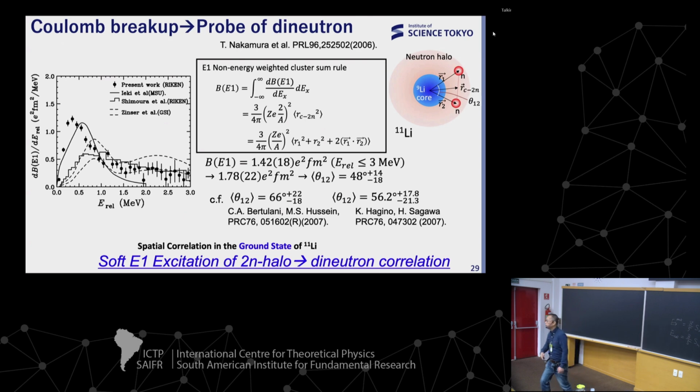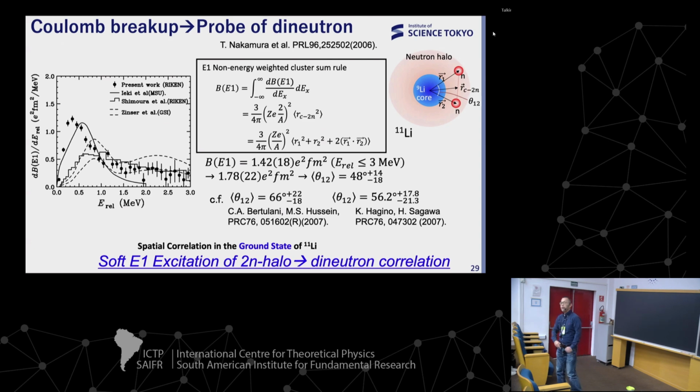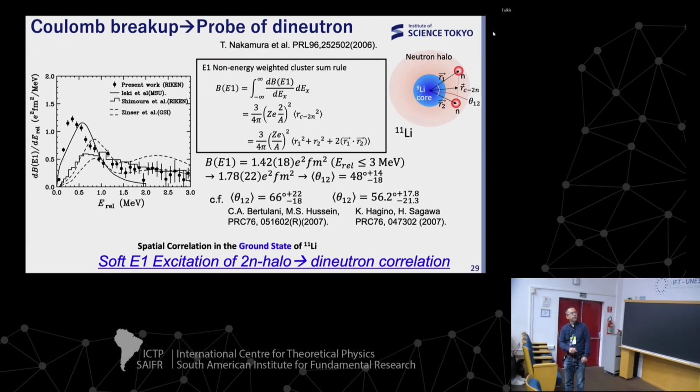So here both R1 and the opening angle are unknown, right? So how do you determine two numbers? Yeah, that's a good question. We couldn't extract theta 1,2 immediately. So we also extracted the non-correlated BE1, for which we used the theory of Esbensen.